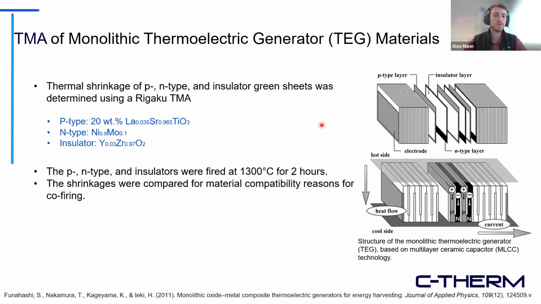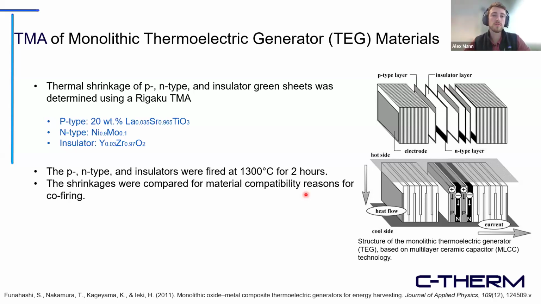So we had the P-type, which was a lanthanum strontium titanate. We had our N-type, which is nickel molybdenum, and then our insulator was zirconia or yttrium doped zirconia, and they were stacked on top of each other in these layers. The reason that they wanted to measure the shrinkage during sintering is because these are meant to be co-fired, which means that they will all be fired pre-stacked at the same time.